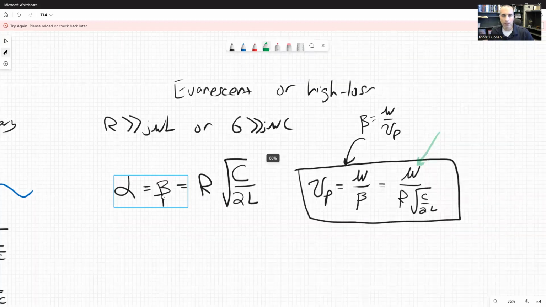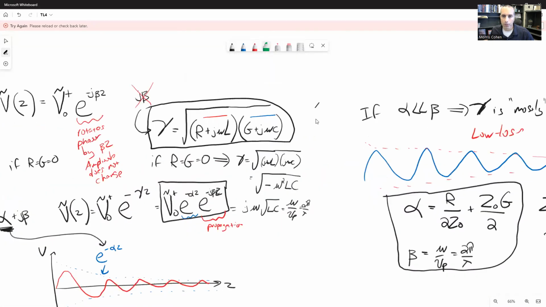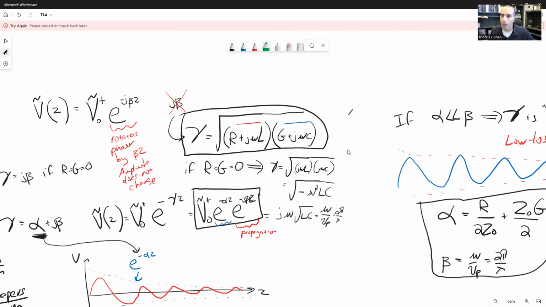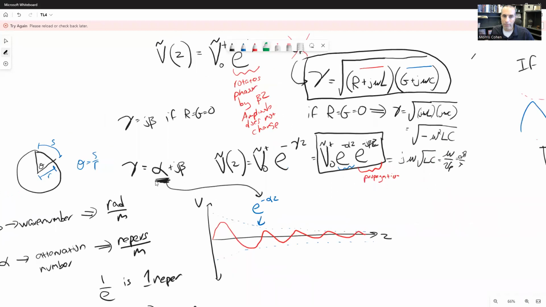All right, but there are basically 3 ways that you can do this, or 2 ways. The first is you can always go back to this full formula of gamma. If you know the properties of the transmission line, and there are 4 of them, R, L, G, and C, plug them into this equation. And what you're going to get is going to have a real and imaginary part.